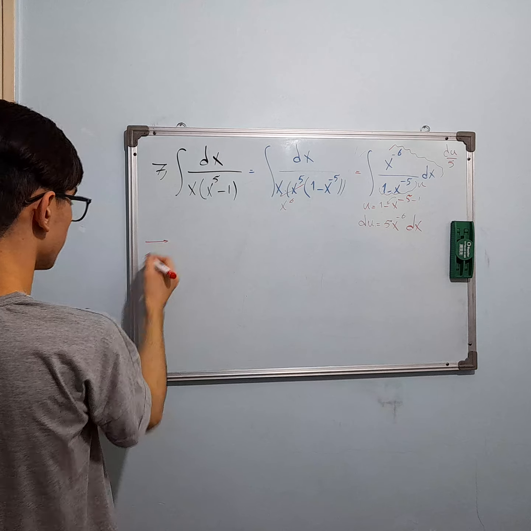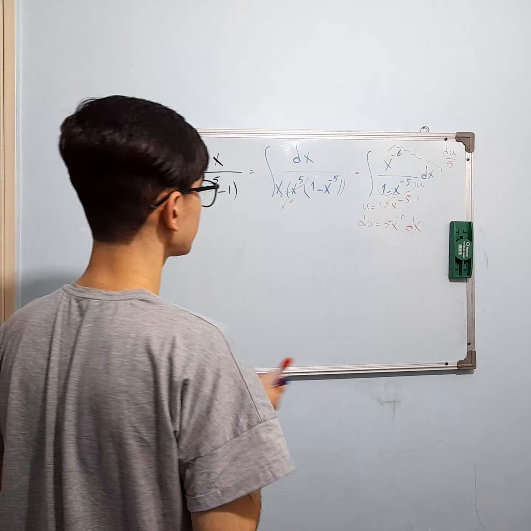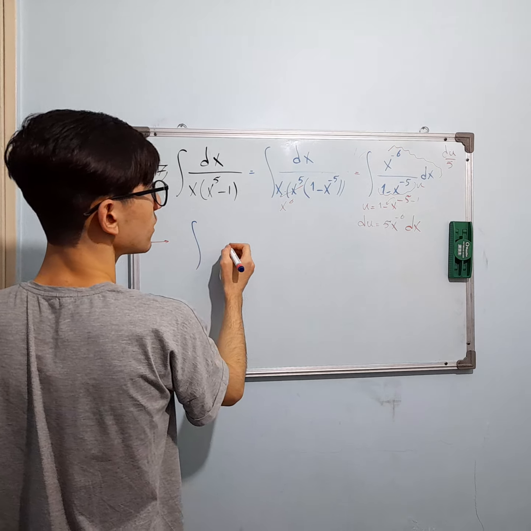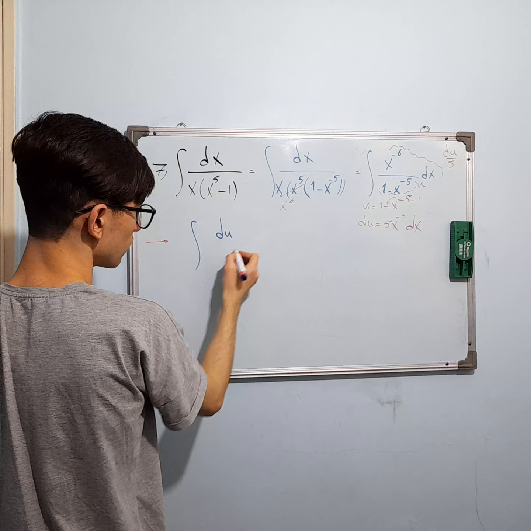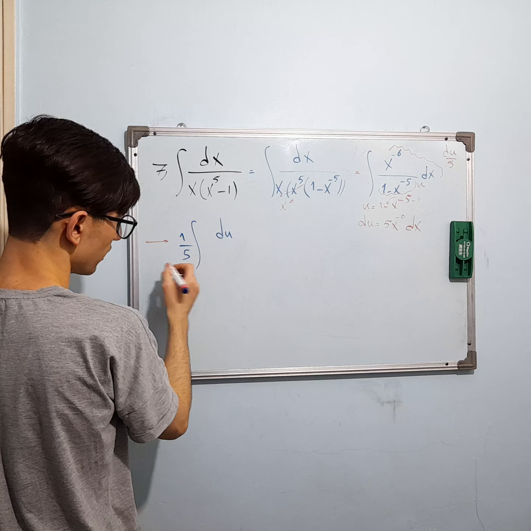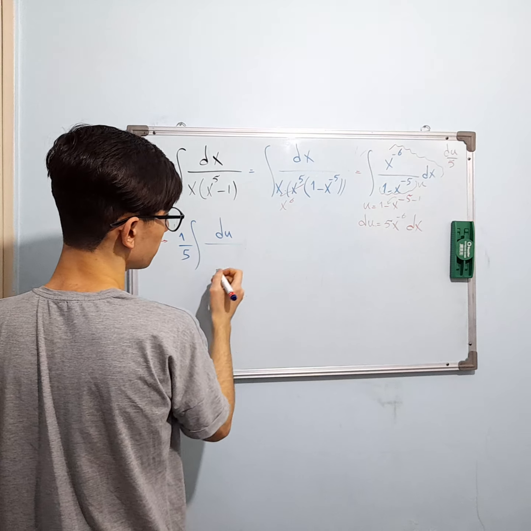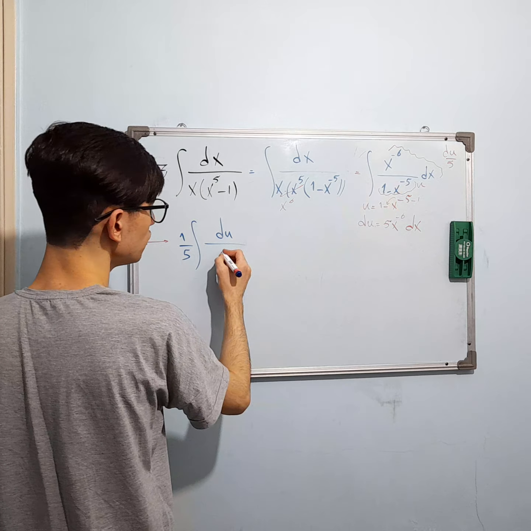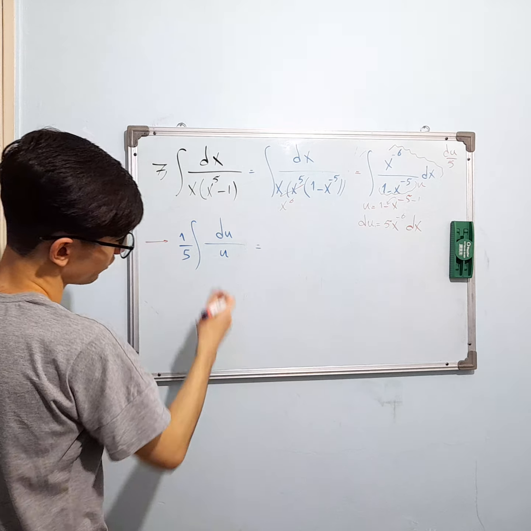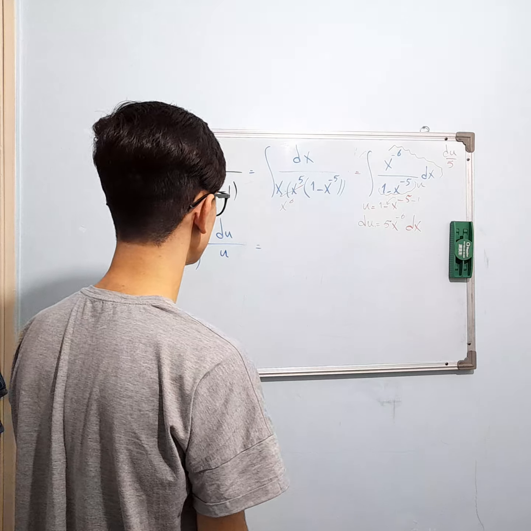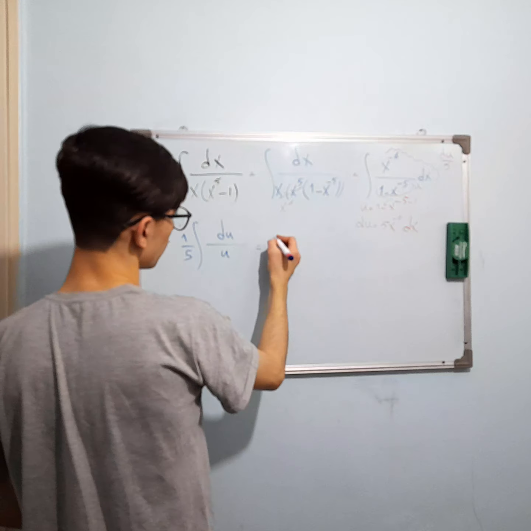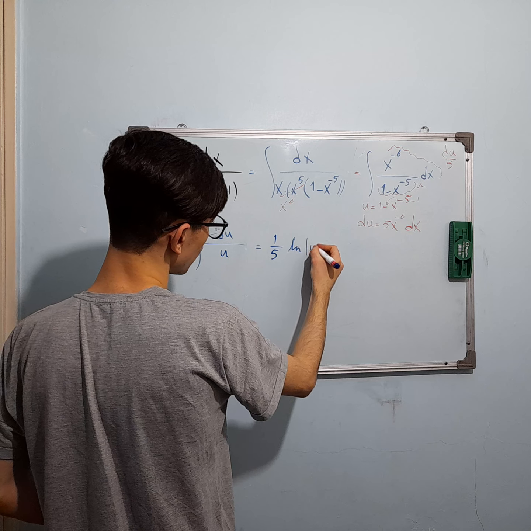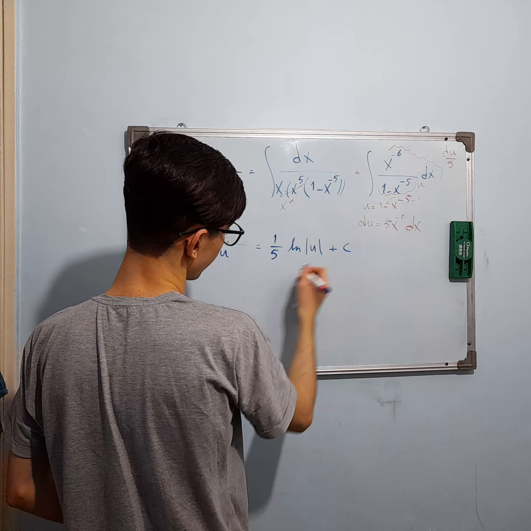So here we have du over u. I bring the 1/5 behind the integral; it's easier for me. And you know the integral of du over u is the natural logarithm of u. So 1/5 natural logarithm of u plus c.